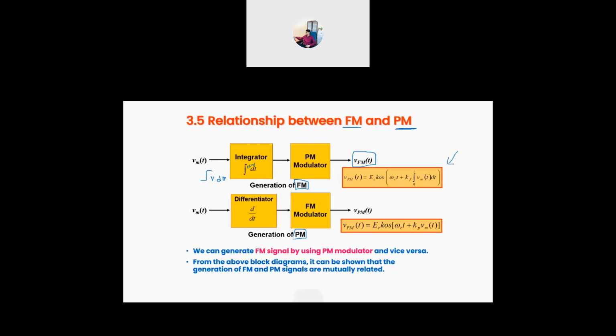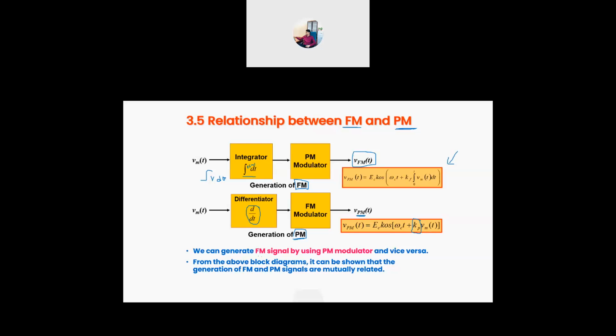In generating PM, phase modulation, instead of integrating as in frequency modulation, we differentiate. After we differentiate, we go to the FM modulator. Then you will have the phase modulated signal. VPM equals Ec cos(omega c t plus Kp, the phase deviation constant, times Vm(t)).